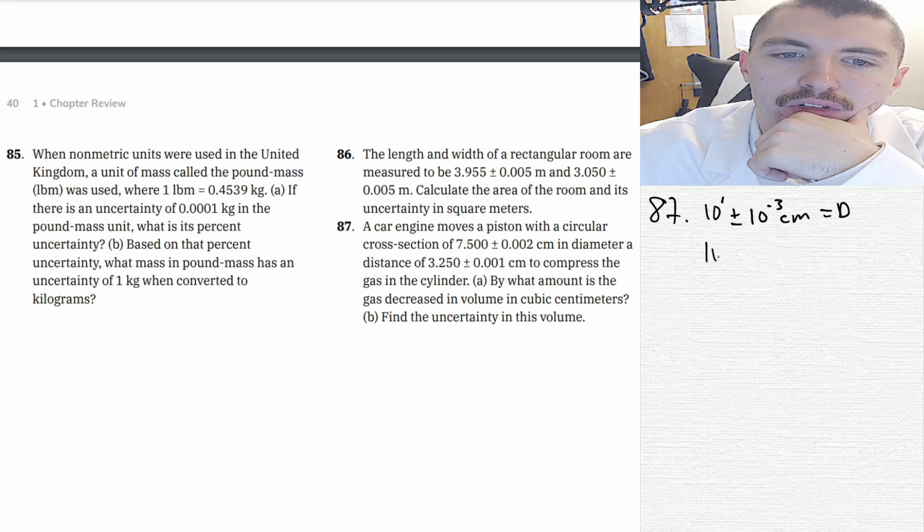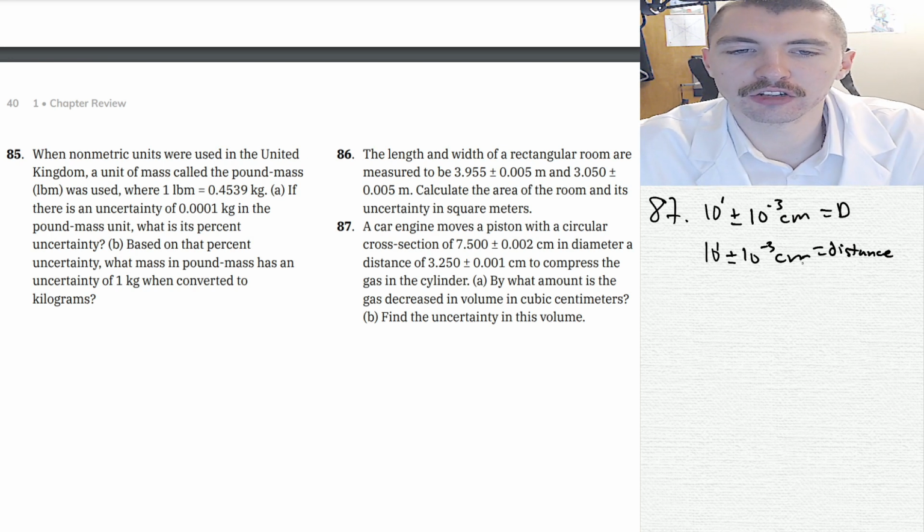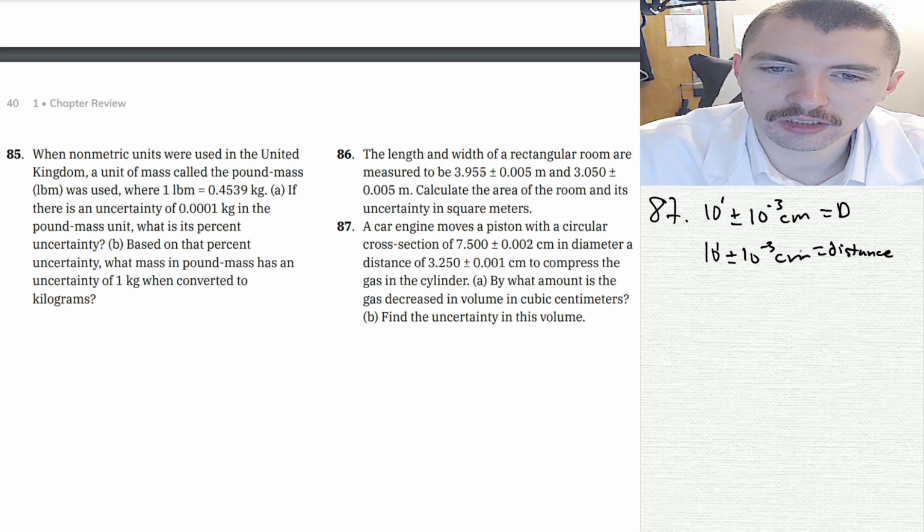So 10 to the 1 plus minus negative 3 centimeters equals distance. By what amount is the gas decreased in volume in cubic centimeters?